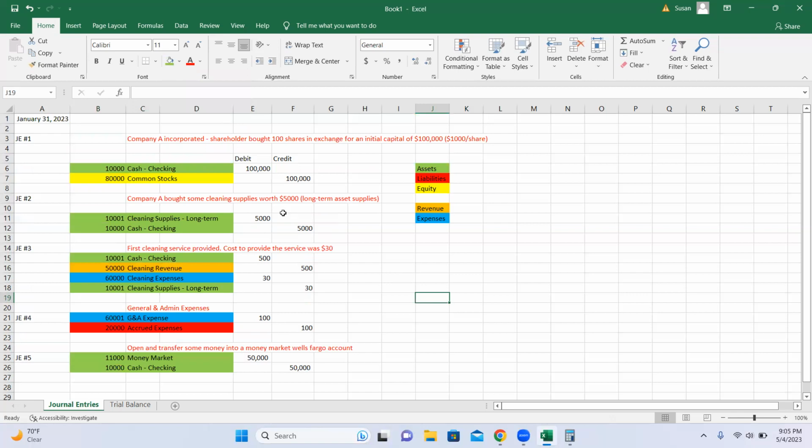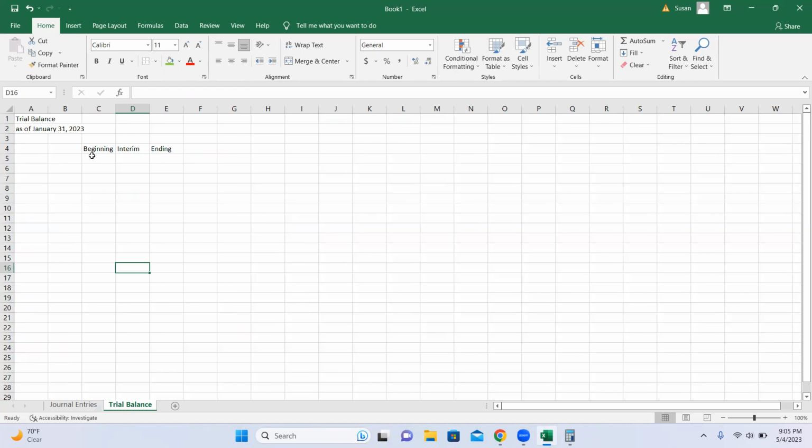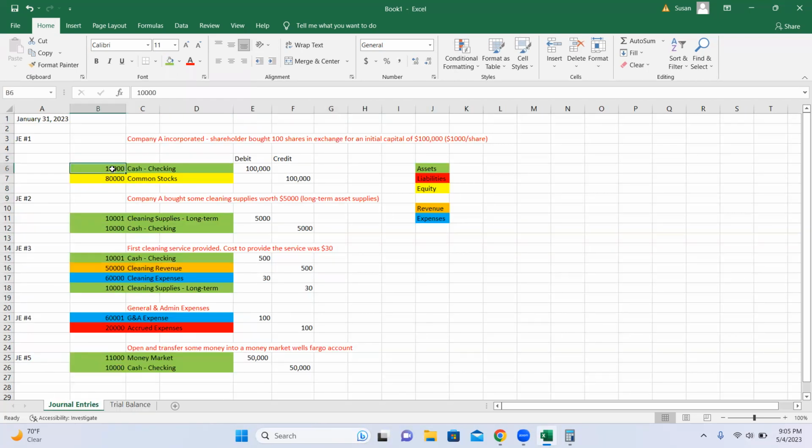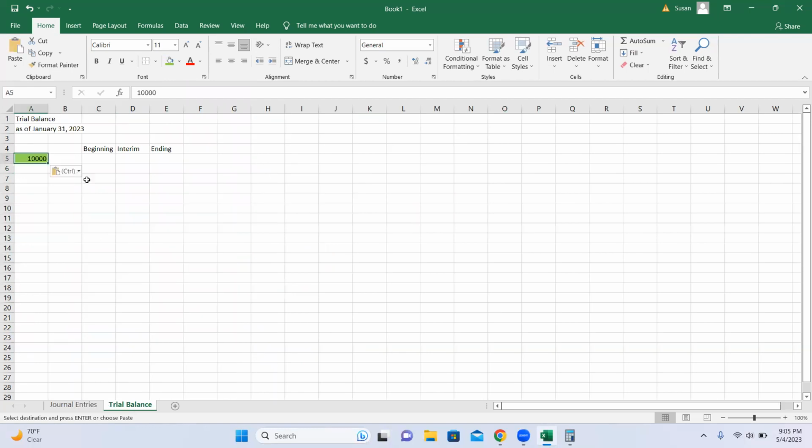So now that we have all the assets, liabilities, equity, revenue, and expenses categorized, we can bring this to our trial balance. So I will organize it by account number and account description to do the formula. So we have our cash. We'll start with organizing it by assets.